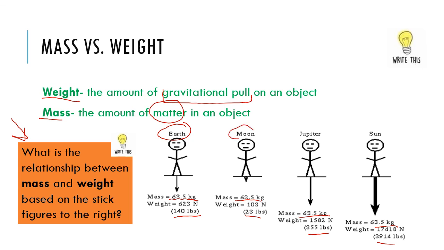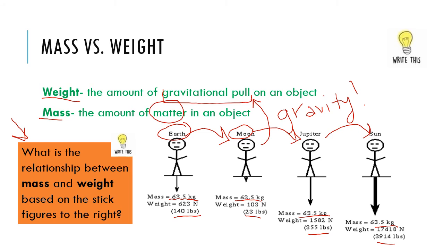But once we go to the moon, it went down so much, by 23 pounds. Why is that happening? Gravitational pull, right? The amount of gravity is changing when you go from planet to planet, or planet to other solar body.